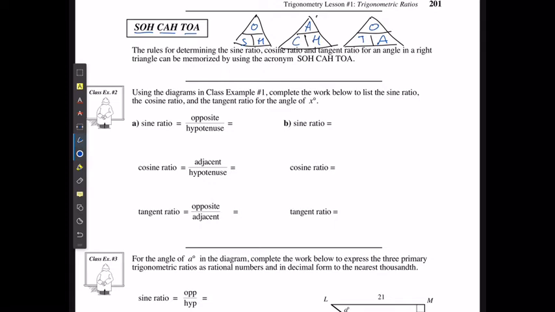Used in the diagrams in class example 1, complete the examples below.